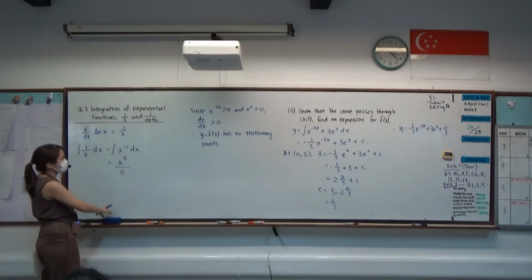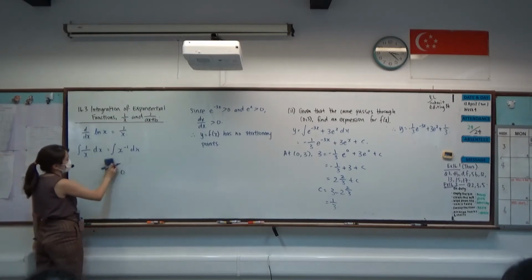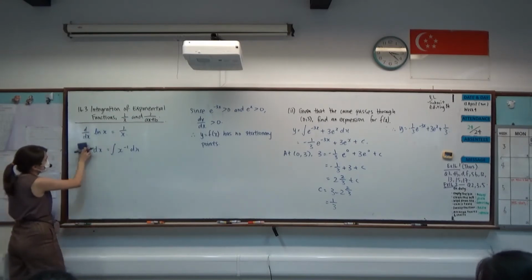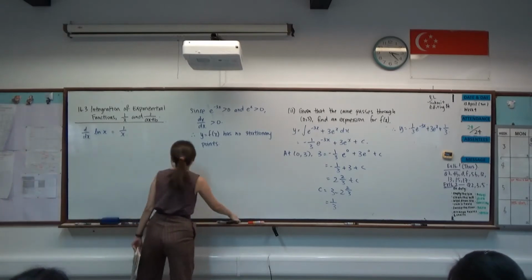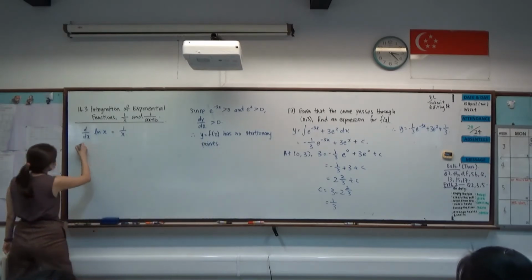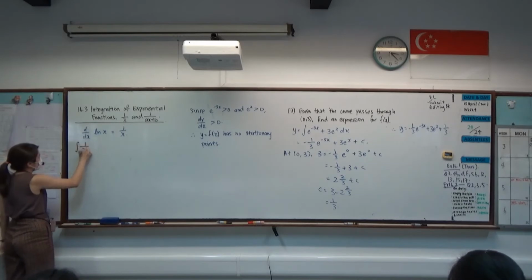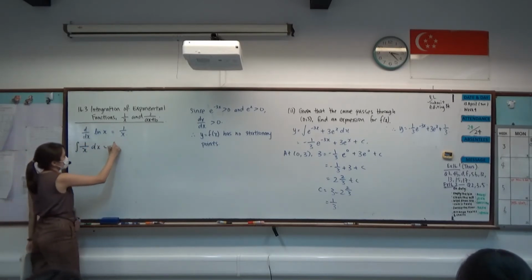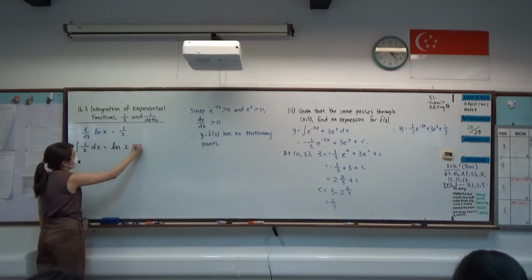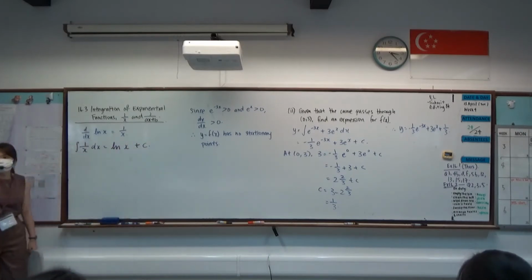So we don't do that for the power of negative 1. Because of this in our differentiation, when we integrate 1 over x, we should get back ln x. Then don't forget to plus c as well.